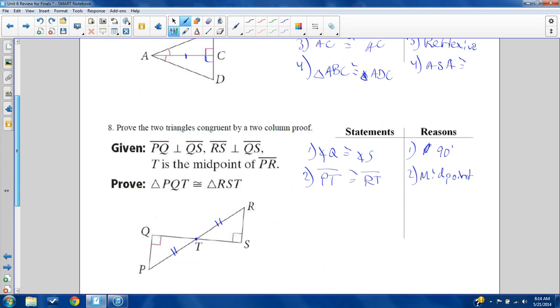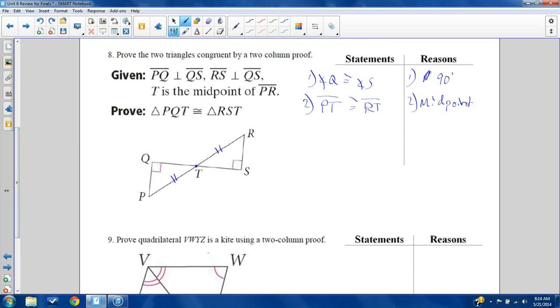And finally, I do have straight lines going through and intersecting with each other, so I do have vertical angles here being congruent. So here's where I have to use 3 letters, because that T is shared in both triangles. So angle RTS is congruent to angle PTQ. Vertical angles are congruent.